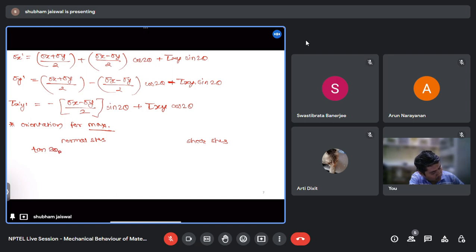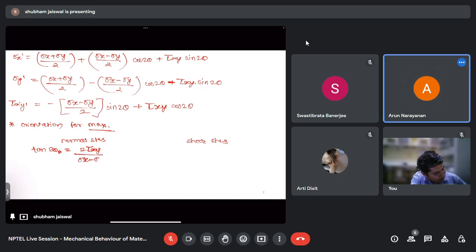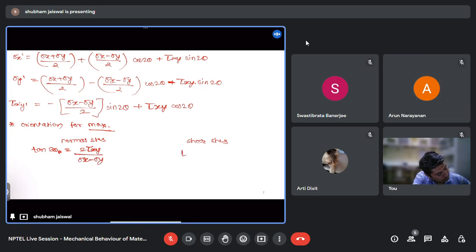Here I am writing P for normal, and it is given by 2 tau xy by (sigma x minus sigma y), and for shear stress, tan 2 theta s equals minus (sigma x minus sigma y) divided by 2 tau xy.